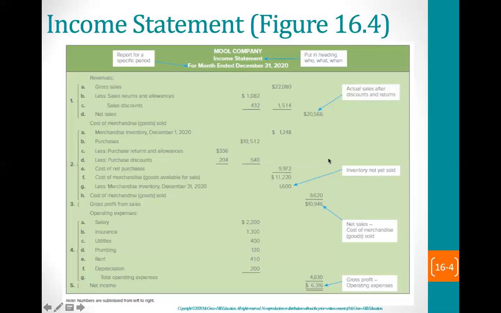Your net sales minus your cost of goods sold gives you your gross profit or gross margin from sales. From that, you subtract operating expenses, additional costs of operating the business beyond inventory, things such as salary, insurance, utilities, rent, depreciation. You subtotal them to total operating expenses. Gross profit less operating expenses equals your net income.